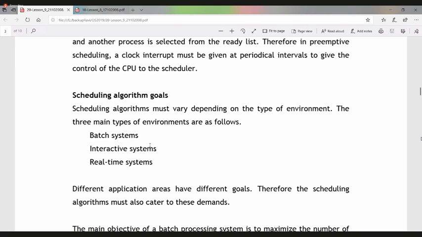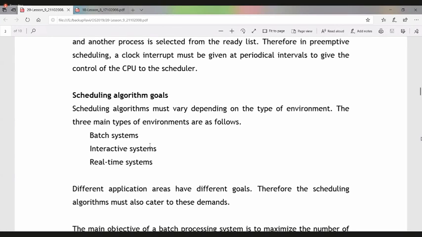They are interactive. Batch system means no interaction. Overnight you can run it, like banking or insurance companies. So overnight processing, no persons involved. So thousands of similar jobs. Batch process. Interactive systems are user involved.